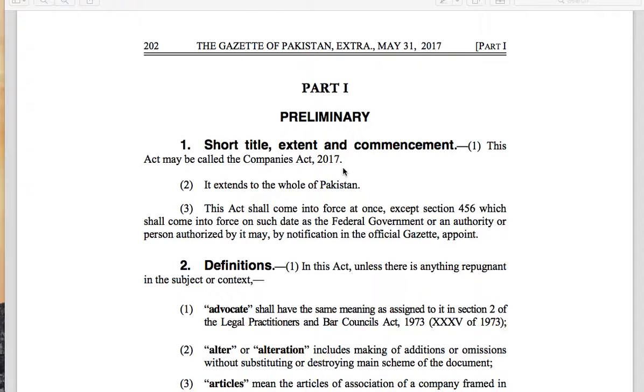So incorporating your business as a company, the first benefit is that if your annual profits are more than 10 million in a year, in order to fix your tax rate, you can incorporate a company and you will be paying between 20 to 25% on your profits.